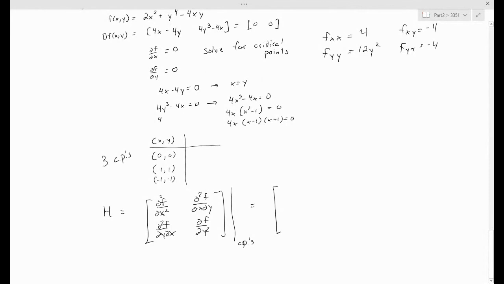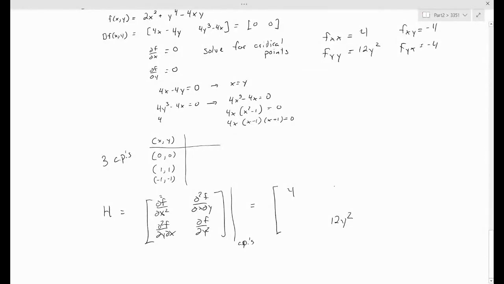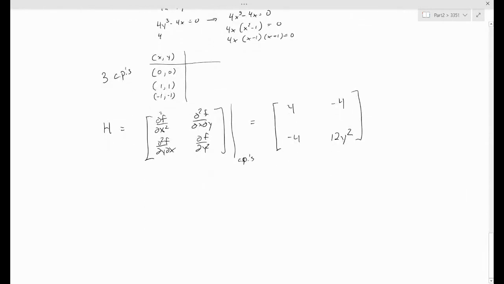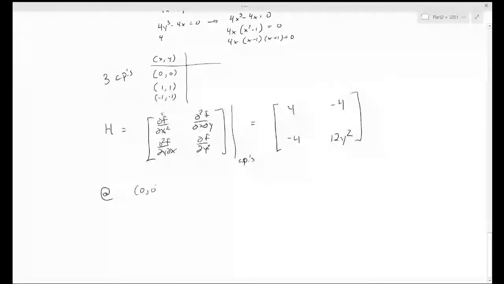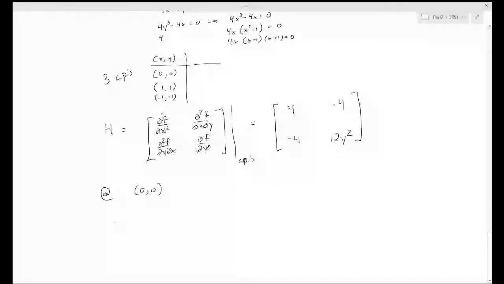So the Hessian here is... So we can take each critical point, let's say 0, 0, and evaluate the Hessian there.